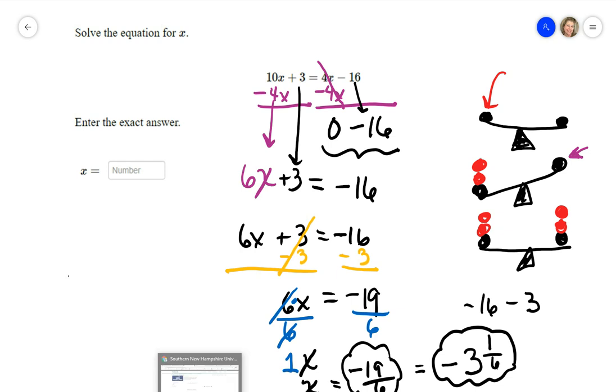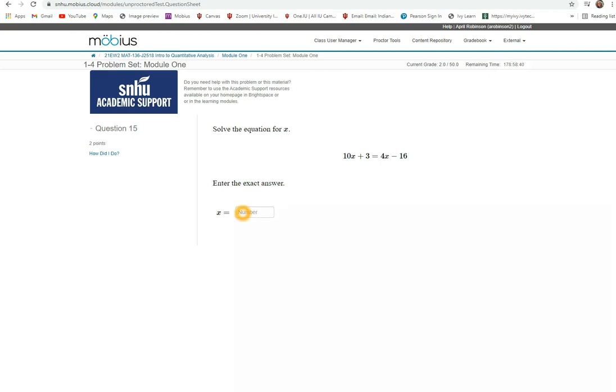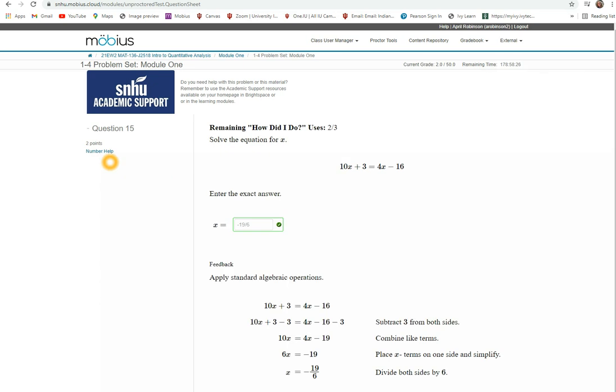And just to prove it to you, I'm going to go back into Mobius and type in negative, whoops, forgot my negative sign, negative 19/6. And how did I do? Ta-da! There you go. And you can even see in their explanation that they too left it as an improper fraction. So that's solving equations.